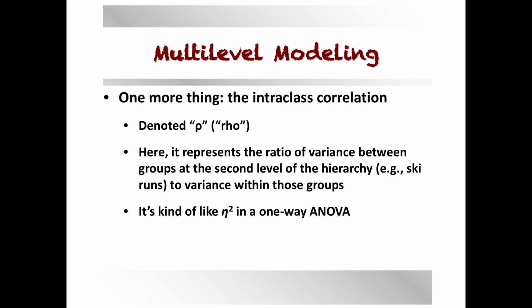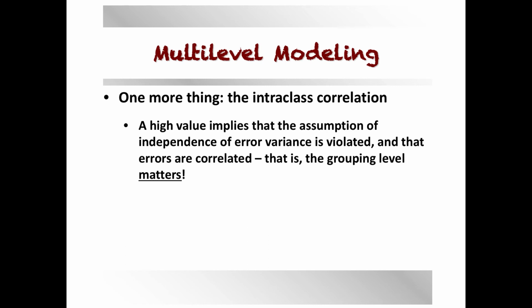So if the intra-class correlation comes out to be a high value, then you're like, aha, there's a reason for that second level. It's justification. It's kind of like an eta squared in one-way ANOVA. You might have noticed these similarities when you did it for a random effects ANOVA, or when I showed you that equation originally. So like I said, a high value implies that the grouping level matters.